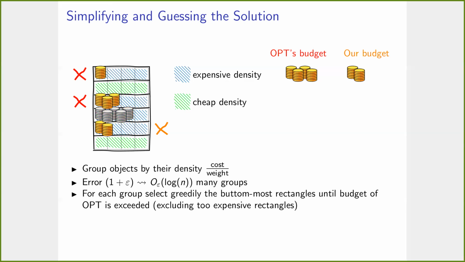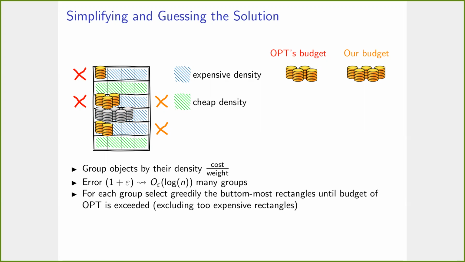Then we continue, we select the next rectangle, so we are at a budget of 5. And once we exceed the budget of opt, so in this case this just happened, we will stop our procedure. So we will select from bottom to top until we have paid at least as much as opt.